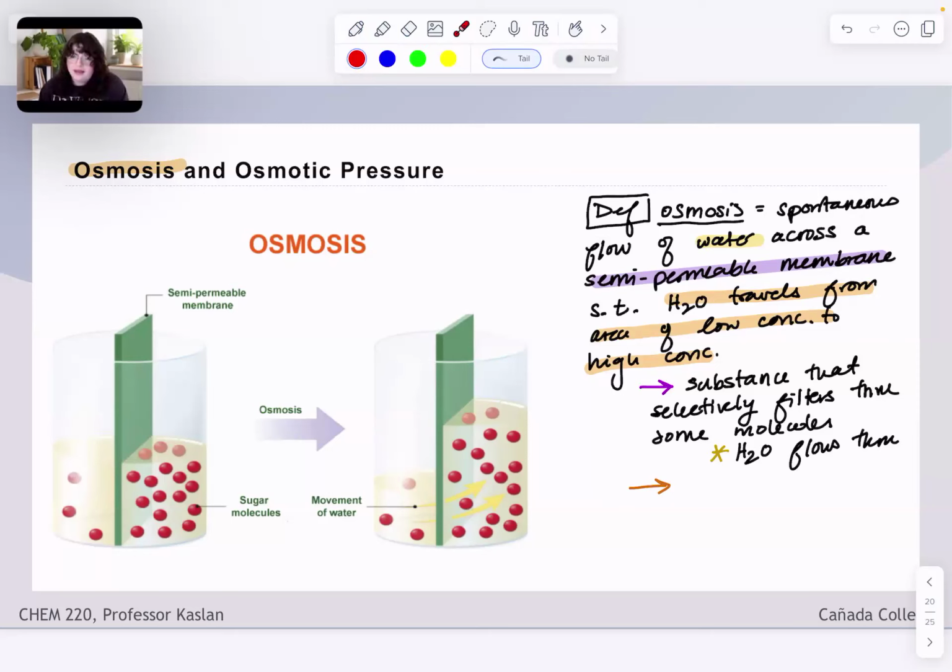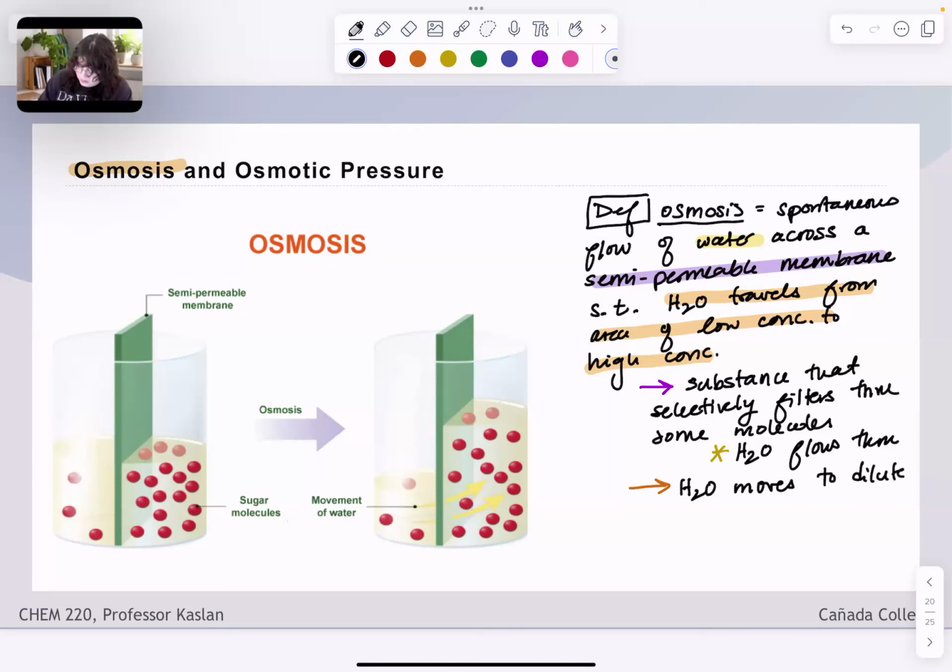Like we as biological beings like to exist in a state of stasis, right? We don't like there to be huge drastic changes to properties that we might have or possess. And the same is true for just a solution in general. So we have to remember that when we're talking about osmosis, the water moves to dilute the more concentrated side of the membrane.